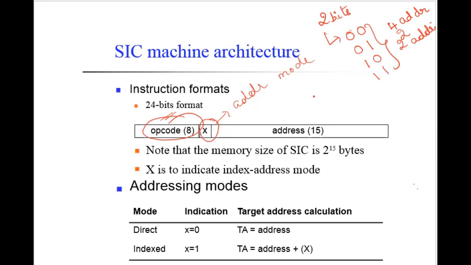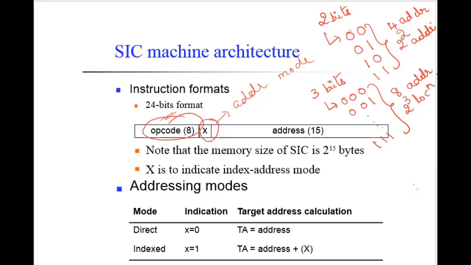Similarly, if I have 3 bits, what are the possible addresses that I can frame? 3-bit addresses will range from 000 to 111. That means I can have 8 addresses out of 3 bits. 8 is nothing but 2 raised to 3 locations.